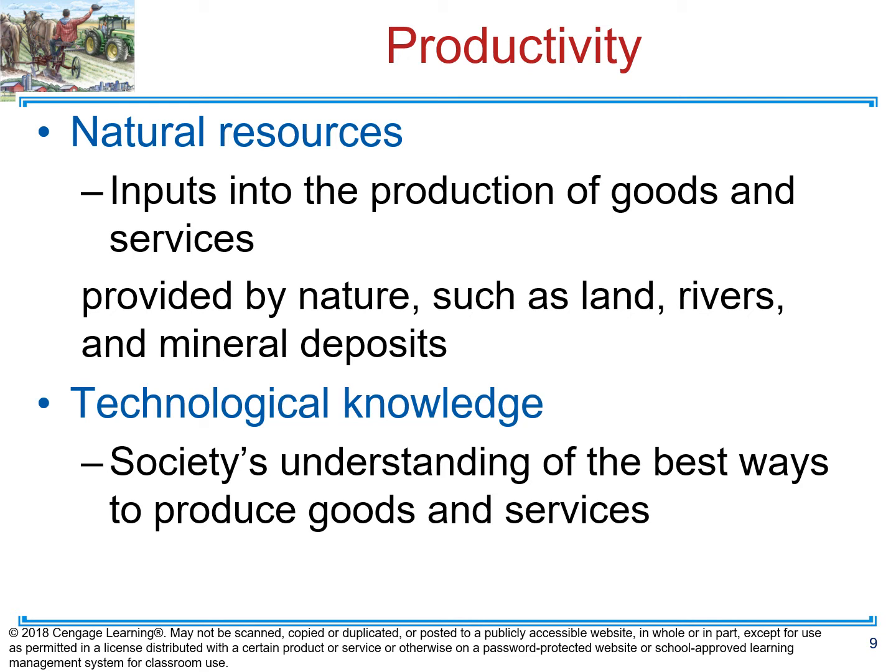These are inputs into production of goods and services provided by nature, such as land, rivers, and minerals. Currently petroleum is very important, timber, even fresh water is very important for production activities. And technological knowledge means a society's understanding of the best ways to produce goods and services. The level of technology definitely affects productivity.